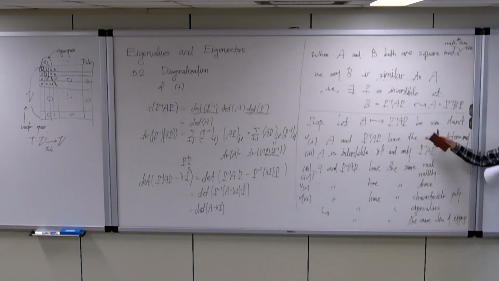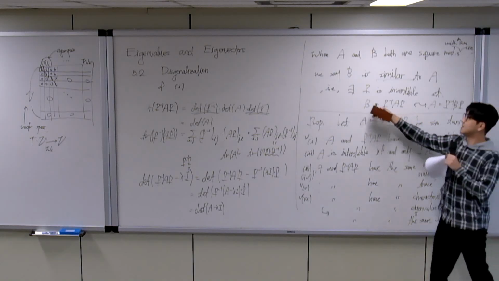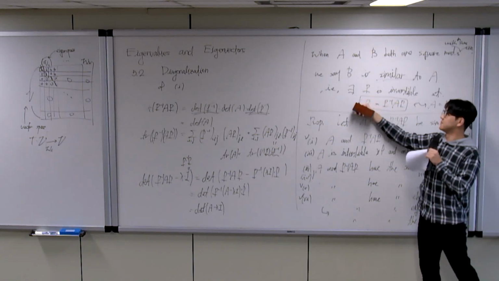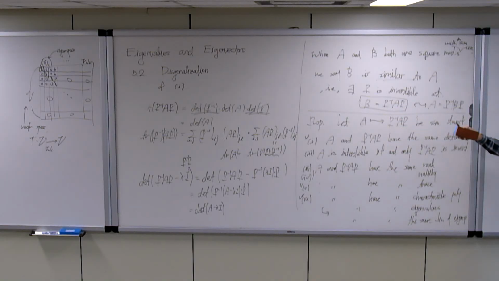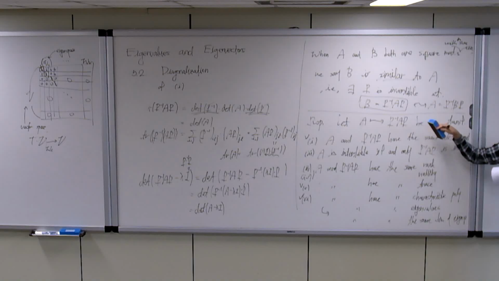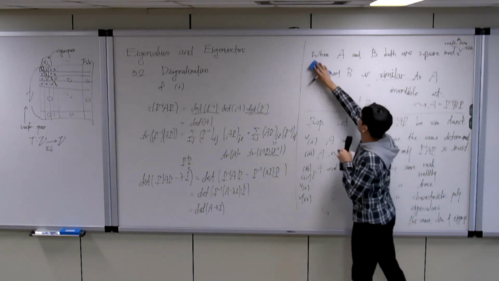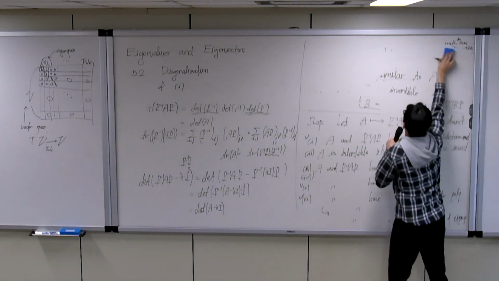So in this sense, usually we ask that, given a matrix B, by choosing a certain basis, you want to find a certain form of matrix.